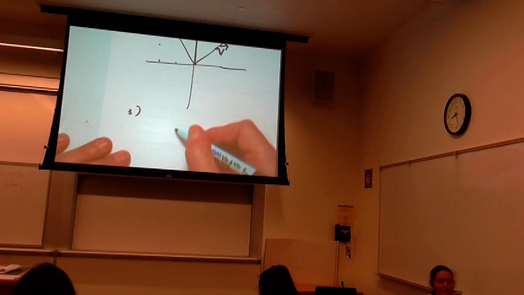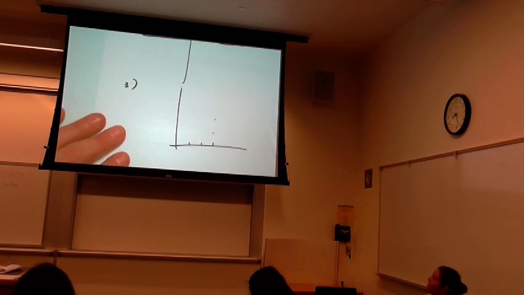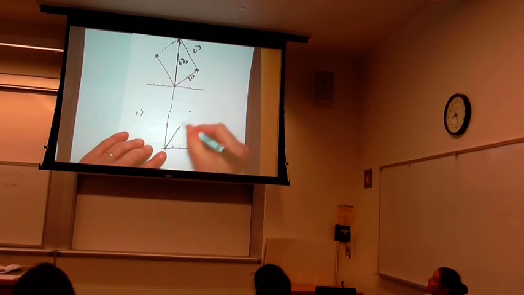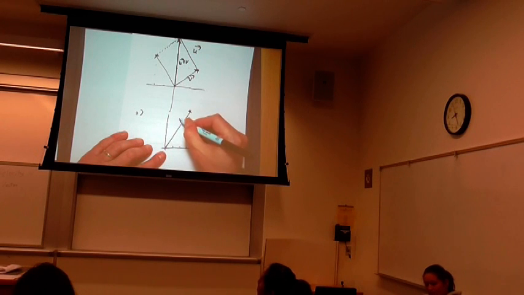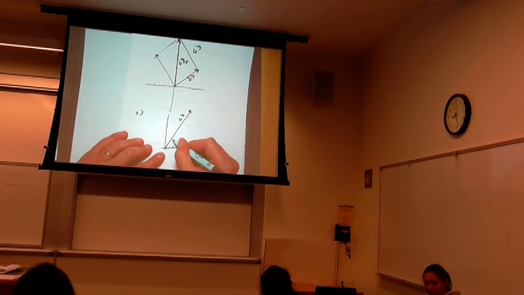I want to find V minus U, right? So let's draw V and U. That's my V. And my U is 1, 1, which is kind of there. But I want to subtract it, right?